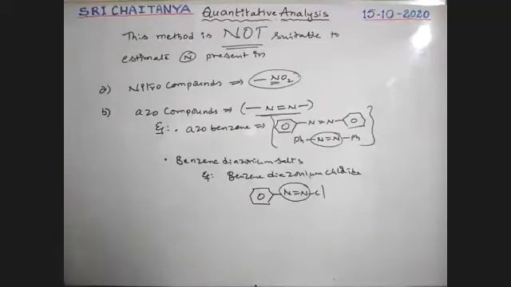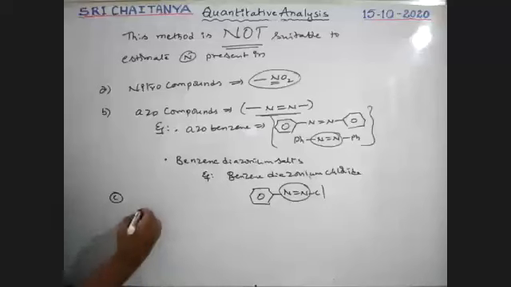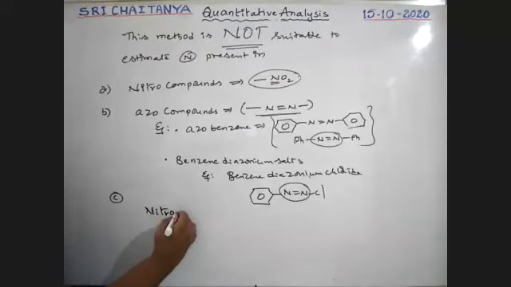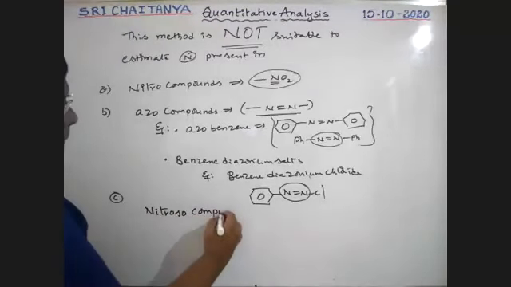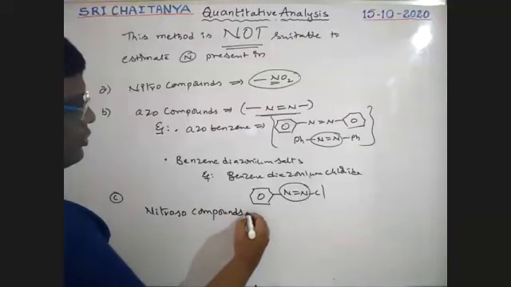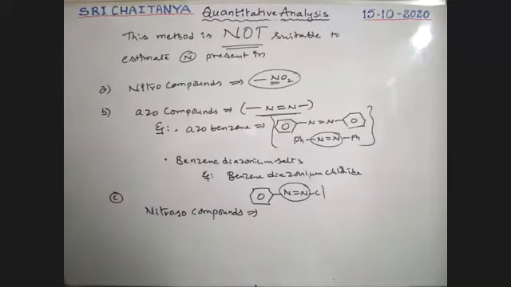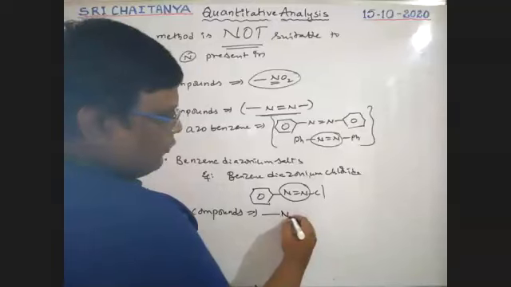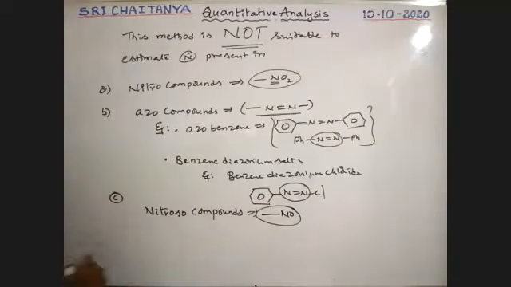Azo compounds. Next, C, the nitroso compounds. That is nothing but compounds containing NO. There nitrogen is there, but it is not estimated by this method.